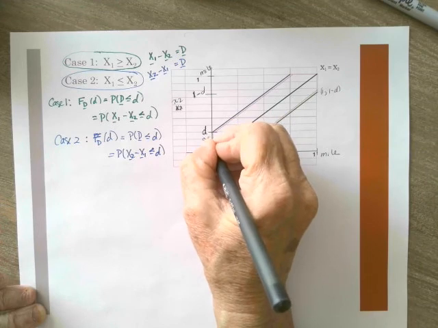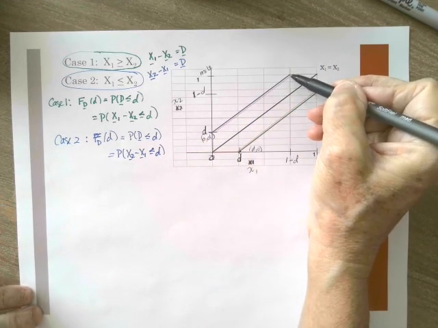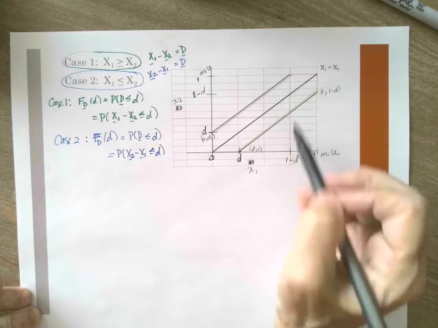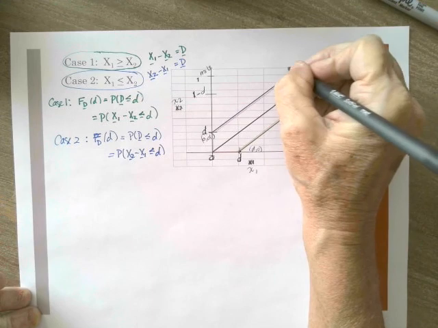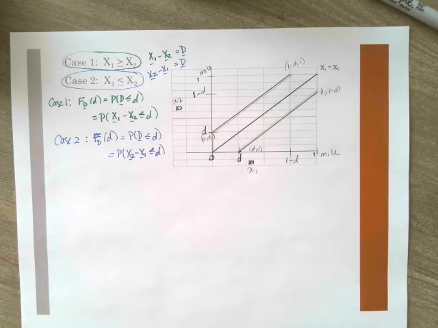This is 0 and d, and then this point up here, if I set x2 equal to 1, then I know that x1 is going to be 1 minus d, so we'd have 1 minus d and 1. The point is I'm just trying to find 2 points that are on a line and then draw that line.